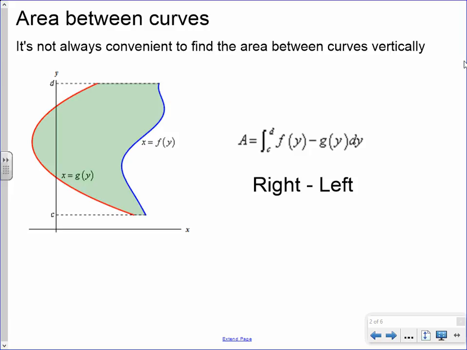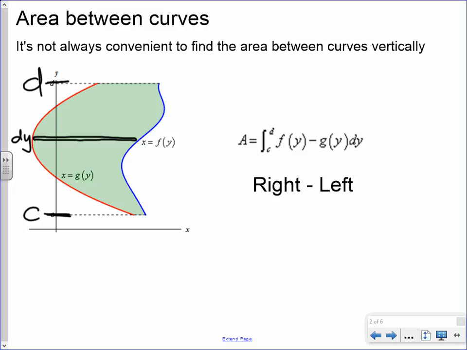Here's a similar picture to what we saw yesterday, except now we take these infinitely small rectangles that we're going to add up, and they have thickness dy. So now we can integrate from our lower limit c to our upper limit d of f minus g dy.